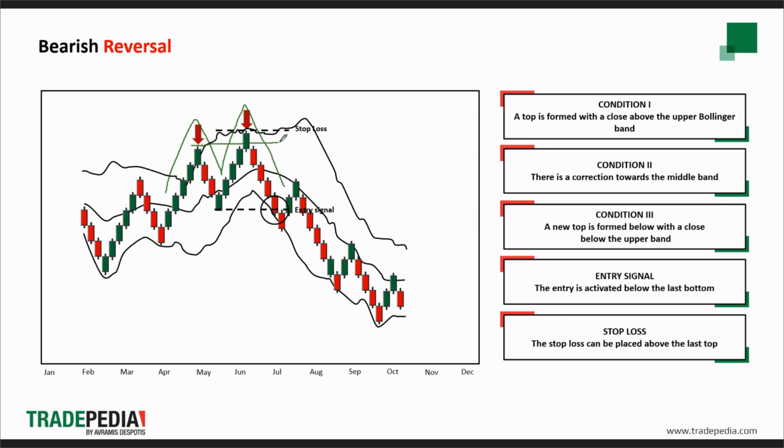Sometimes, as you may notice, this is also called a fake breakout, where the institutions try to fake a breakout with this candle, causing a lot of investors to go long. Then after that, they move it in the opposite direction.